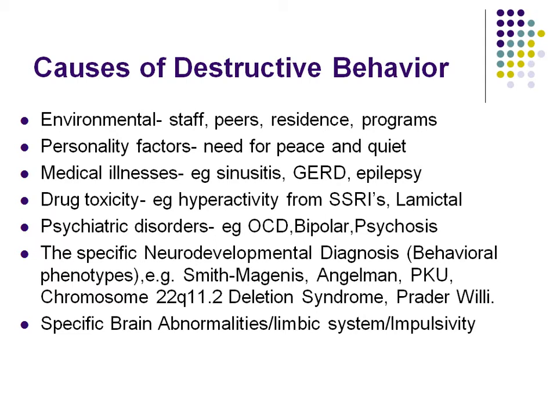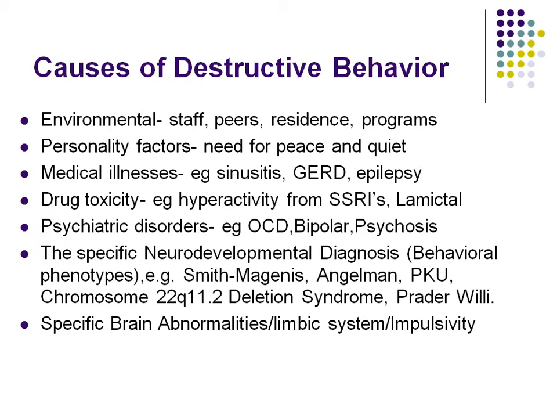They seem to be amused by that. People with phenylketonuria can be very hyperactive. The chromosome 22q11.2 deletion syndrome is associated with schizophrenia. Of course, Prader-Willi syndrome is associated with an insatiable need for food, and they'll do anything to get it.